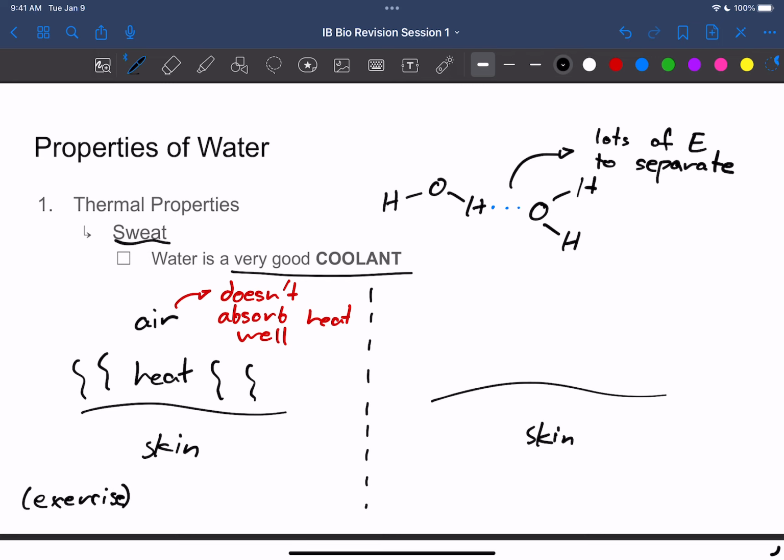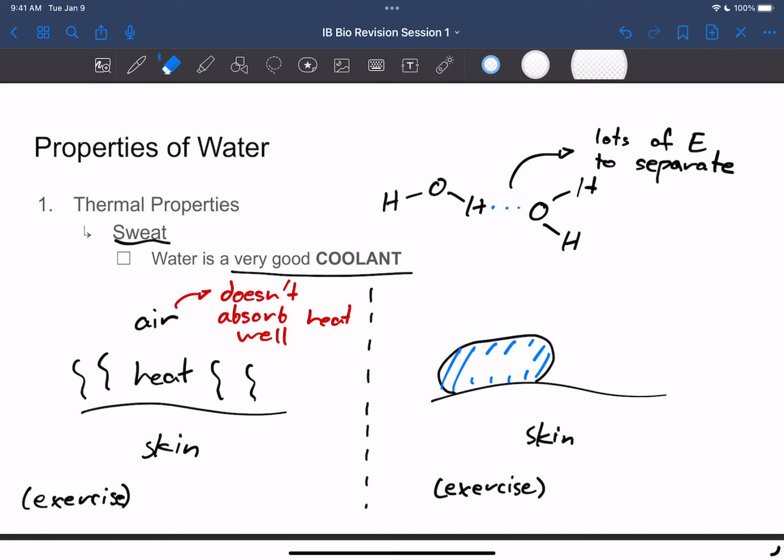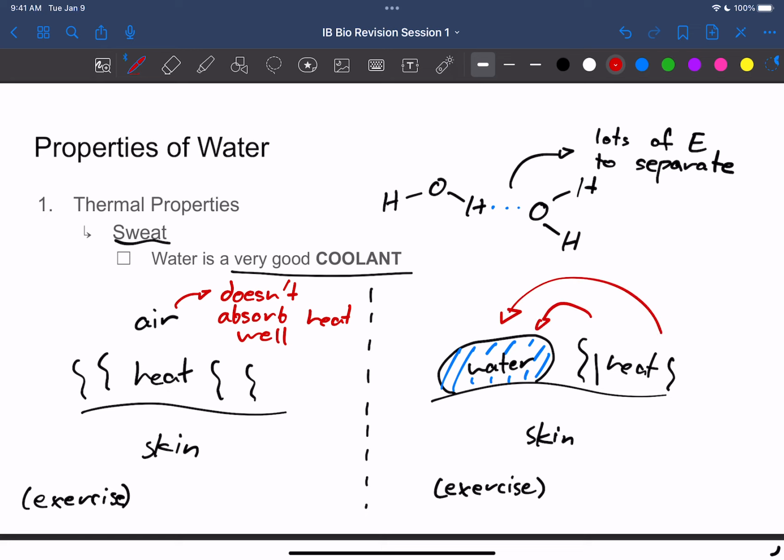And that's why your body has a very important mechanism called sweating. So we'll draw this again, and it's also during exercise. You're still going to give off that heat, but then you're going to have something like a water droplet, and all this heat is going to go here because it takes a lot of energy to separate the bonds between water molecules.